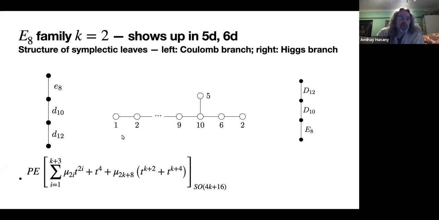I will say some words about the phase diagram. Again, it's a linear phase diagram, and just like before, it starts with the case where k equals 0 is an A1 minimal orbit, and each time I go up with k, I add a D singularity, D10, D12.